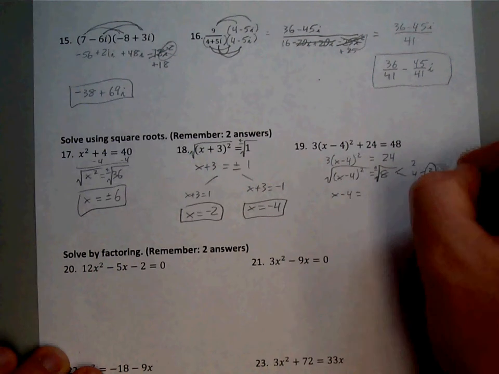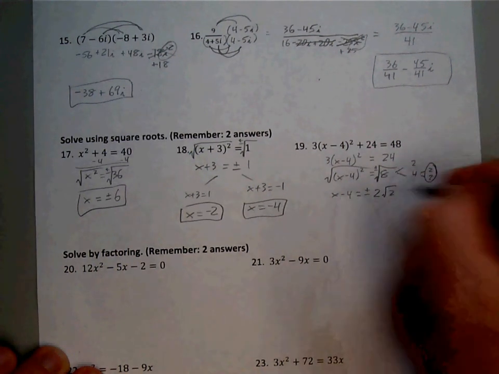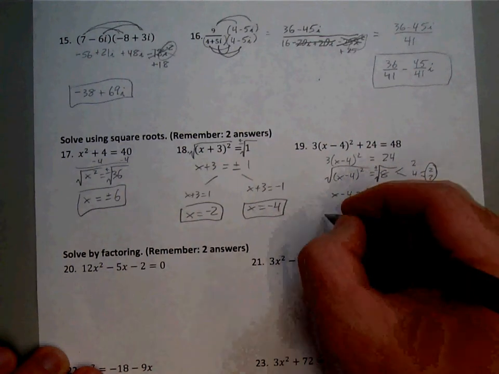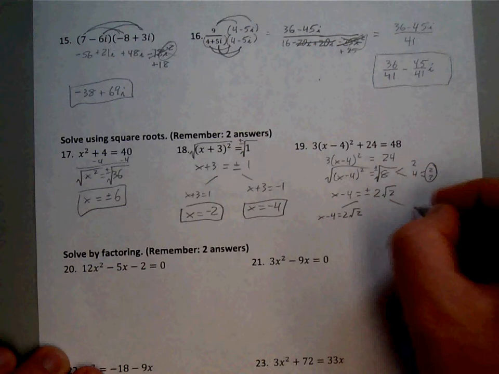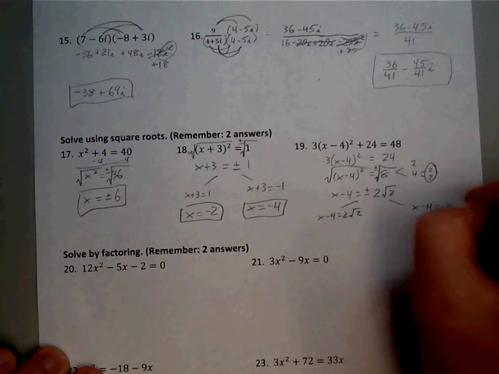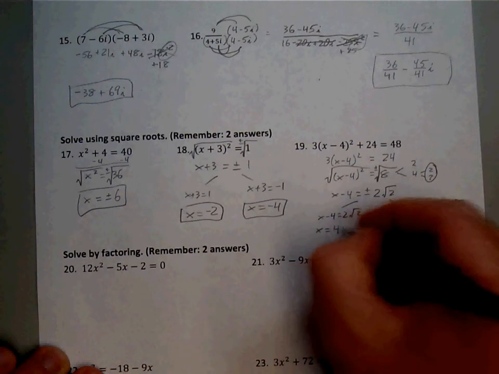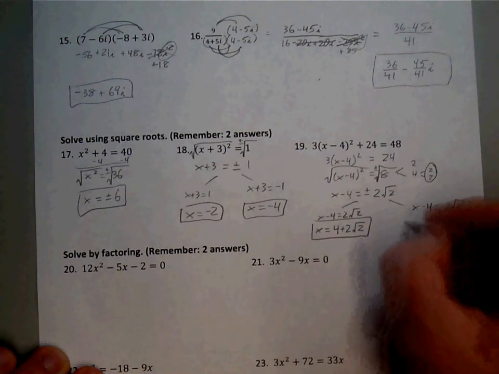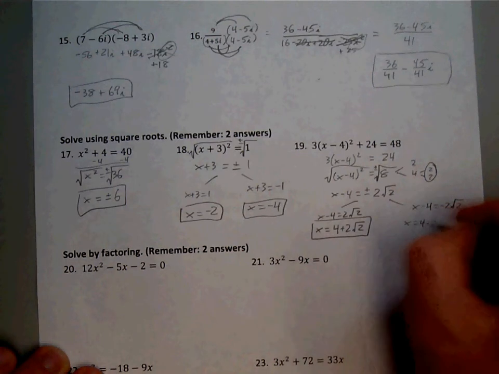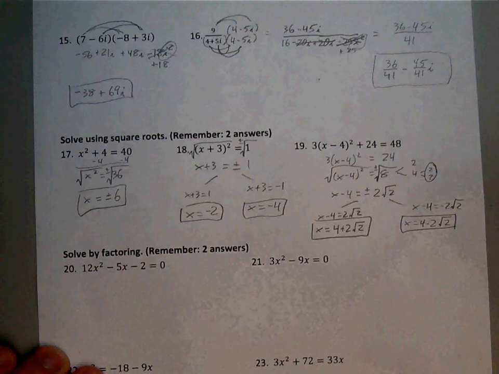Also, there's a pair of 2's, and there's a 2 left inside. x minus 4 could equal 2 square root of 2, or x minus 4 can equal negative 2 square root of 2. Add the 4 over. Give us those answers.